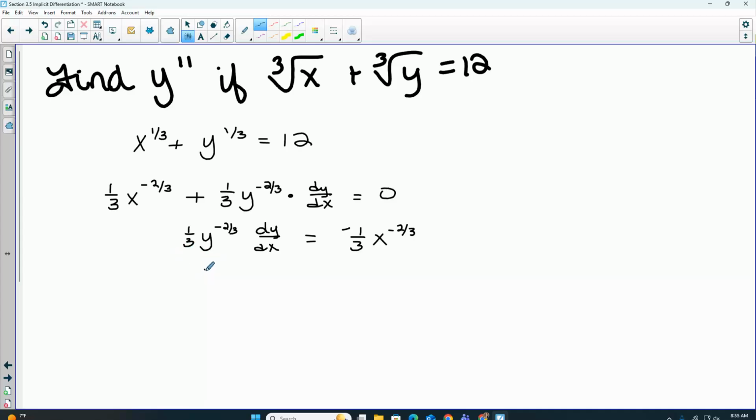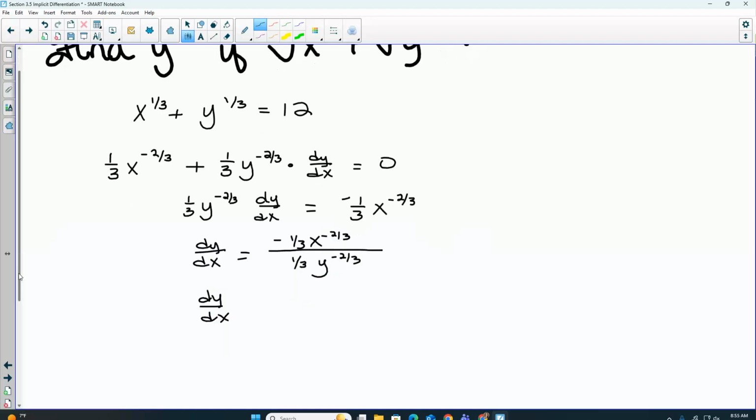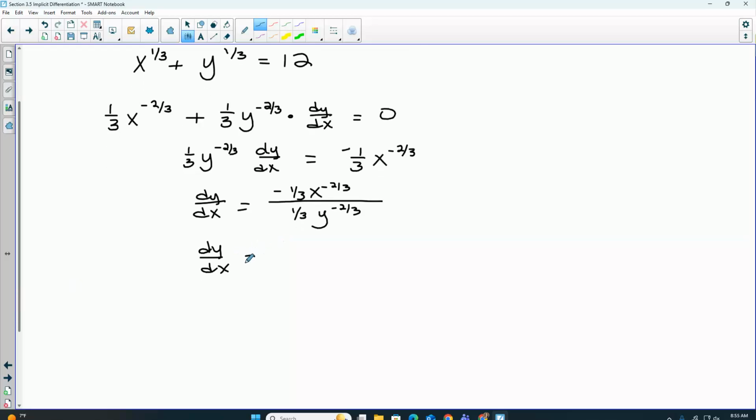Okay. 1/3 x to the negative 2/3 divided by 1/3 y to the negative 2/3. Okay, those 1/3 can cancel and just leave us with a negative.